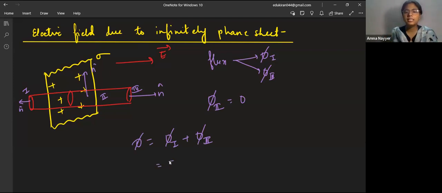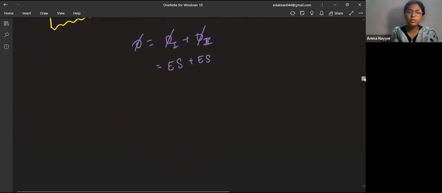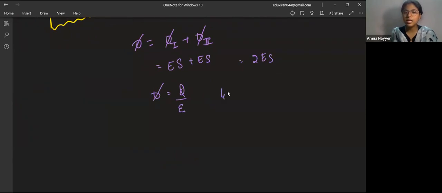So this is electric field into surface area plus electric field into surface area, that is 2 times the electric field into the surface area. This is 2ES. Now flux will again be Q by epsilon naught using Gauss theorem.